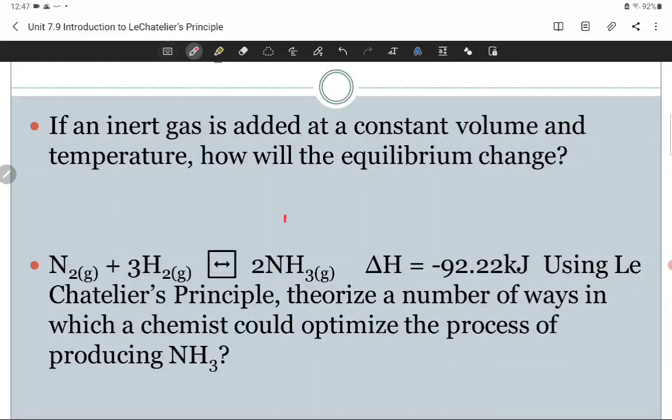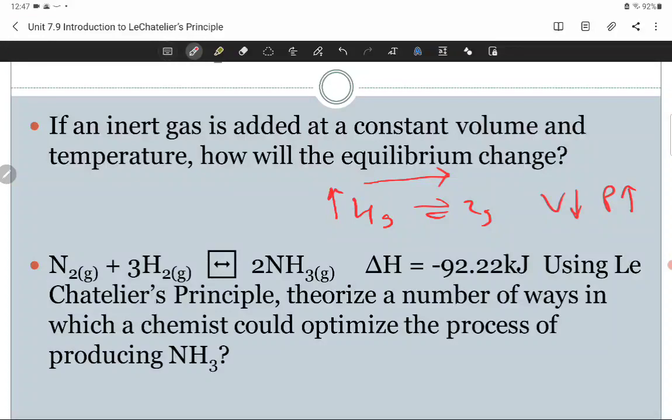What do we got here? We got 4 gases going down to 2 gases. So if you took the volume of the container and made it smaller, the partial pressures of everything would go up, which would be as if you added reactant, and it would shift it to the right. Those would all work.